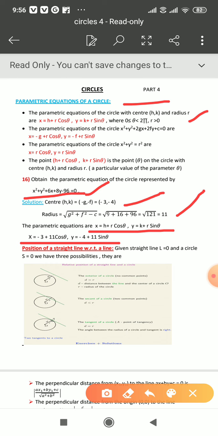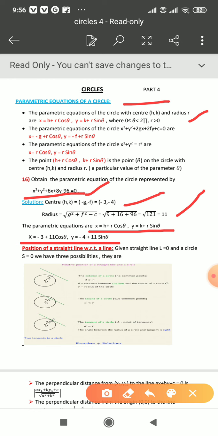We used that condition many times in our previous problems. If P is a point inside the circle, S11 is less than 0. If P is a point outside the circle, S11 is greater than 0. That is the position of a point with respect to a circle. Now we discuss the position of a line with respect to a circle.